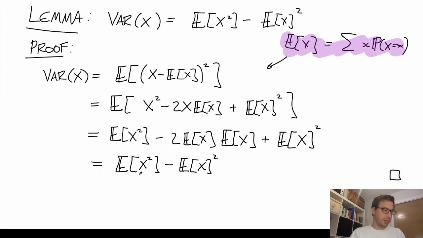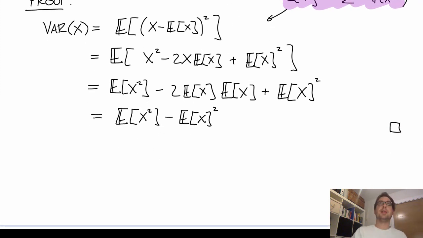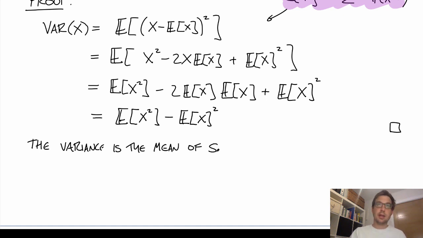So to summarise what that says: the variance is the mean of the square minus the square of the mean.